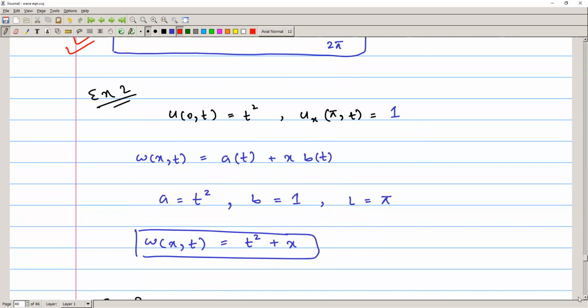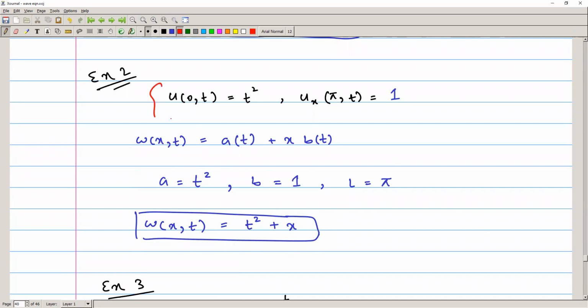Now let's talk about this example. Let's say u(0, t) is equal to t squared and u_x(pi, t) is equal to 1. These are mixed-type boundary conditions. We can see that the first condition is the function value and the second condition is the derivative.